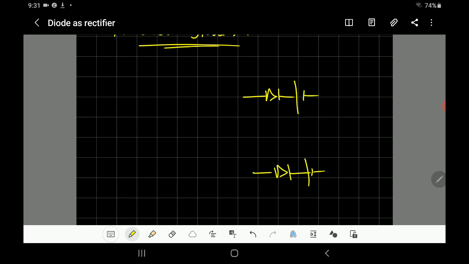I'm sketching diode D1 and D2, and that's the resistance. This one is off. VD4, D4, the same thing. And then connect to the supply.